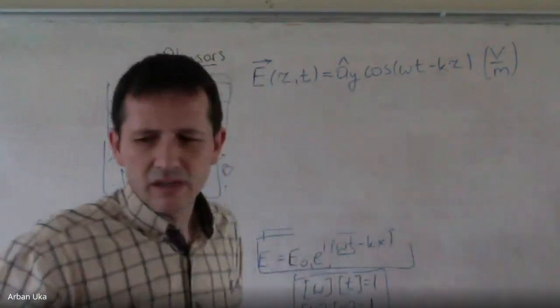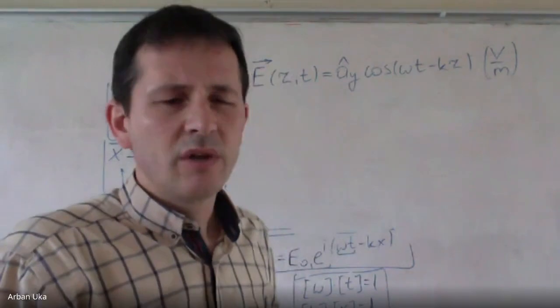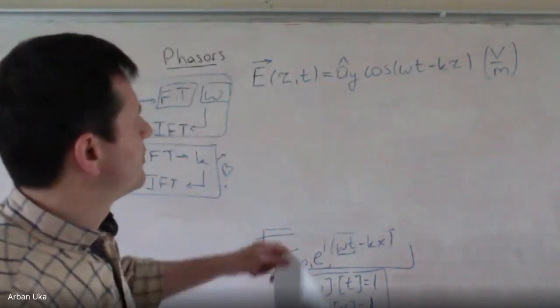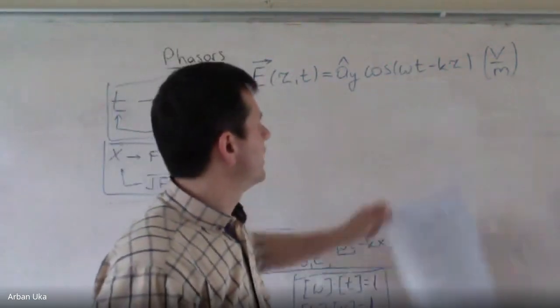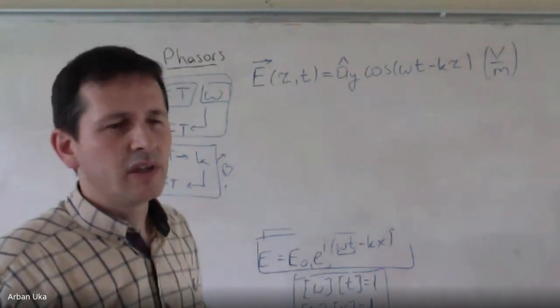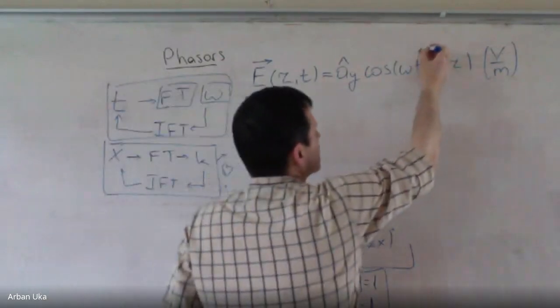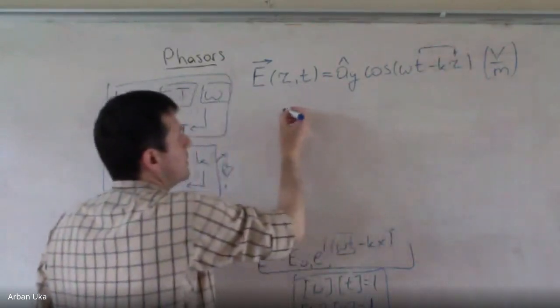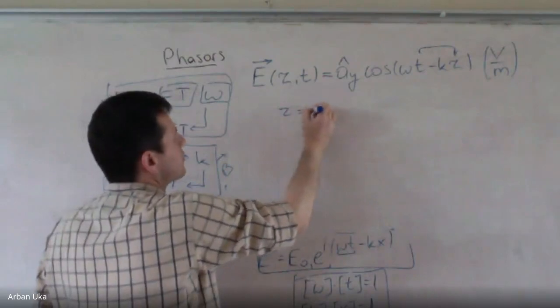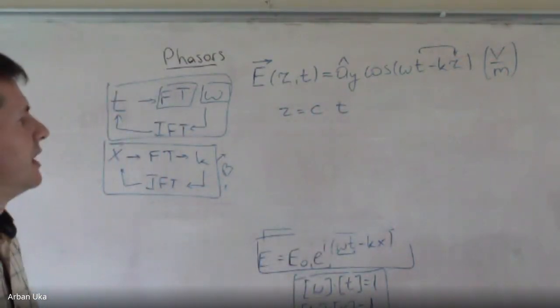Why do I say the properties of space? They are important because we know that the relationship between the omega and the k is linked with the speed of light. Just for a moment, let's assume the following. How are time and z related? We know that z is equal to the speed of light times time, because we're talking about waves.